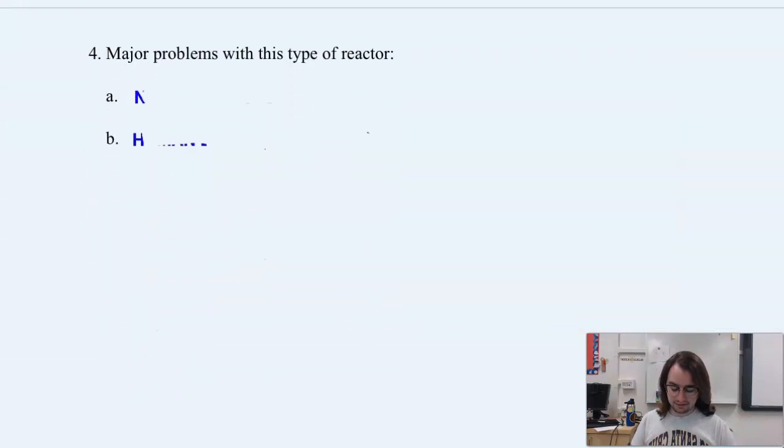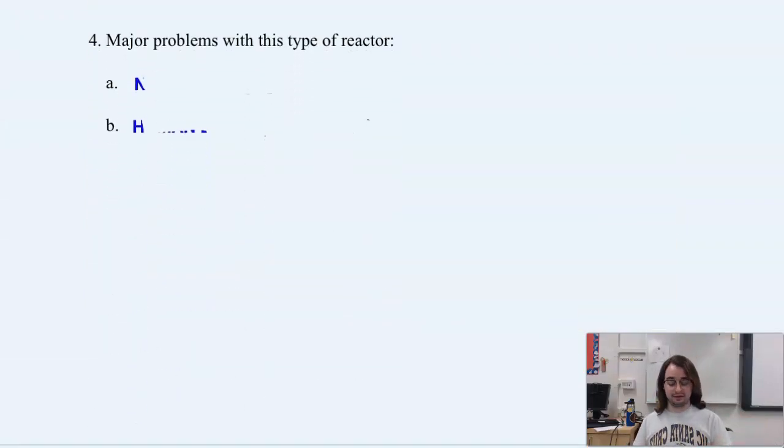So there are a couple problems with this type of reactor. One major problem is the waste that they produce. When the uranium or the plutonium are spent and they can no longer conduct nuclear reactions, they just become nuclear waste. And they're really difficult to get rid of because, based on what we learned about half-life, things like uranium and plutonium have really long half-lives and they don't just go away.